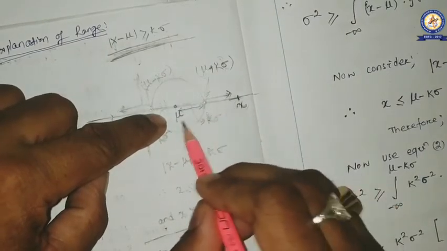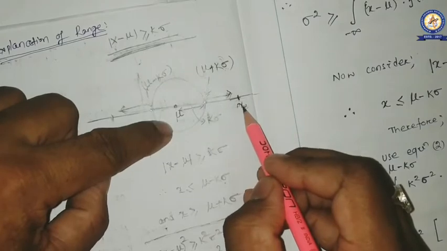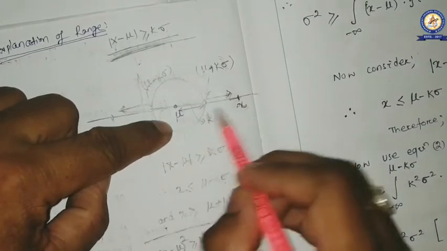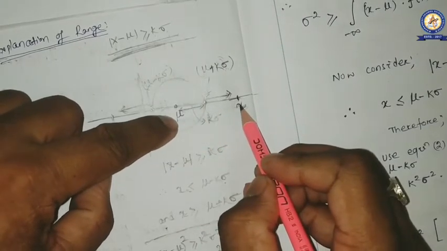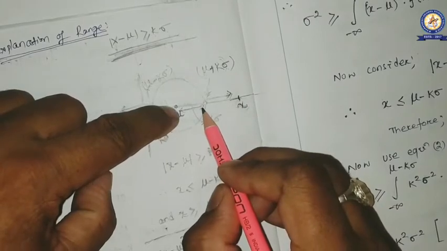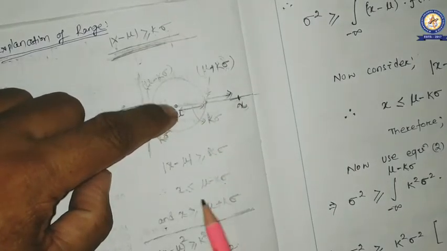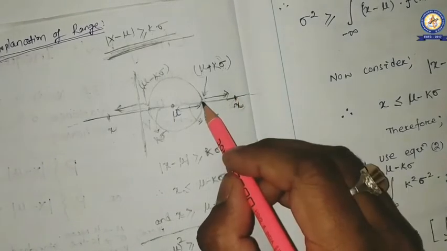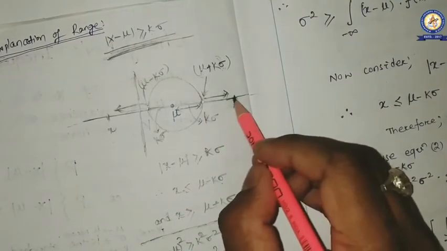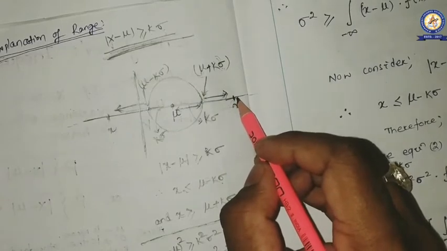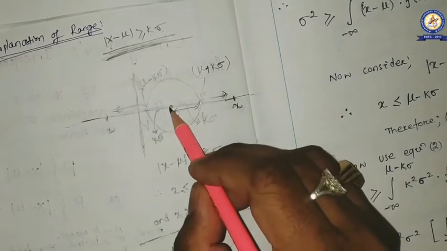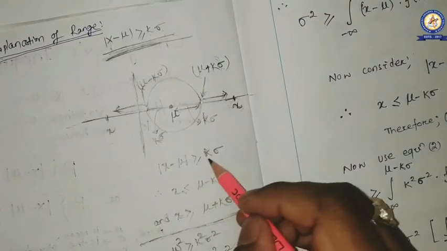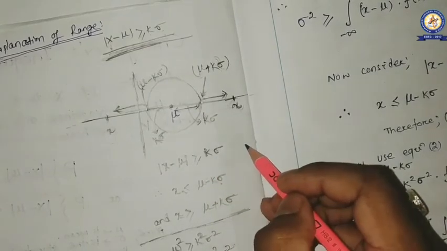If I take the mod of x minus mu, obviously this distance will be greater than k sigma. So if I take x here, or beyond this point, all these x values we can consider for |x minus mu| greater than k sigma, right?